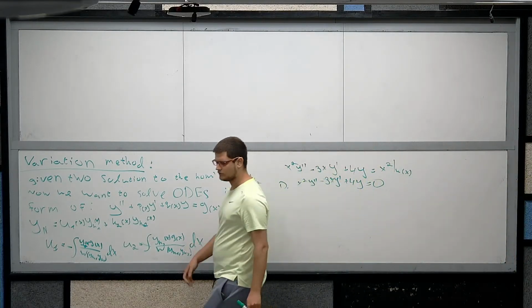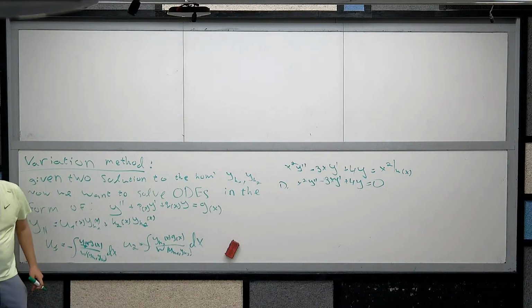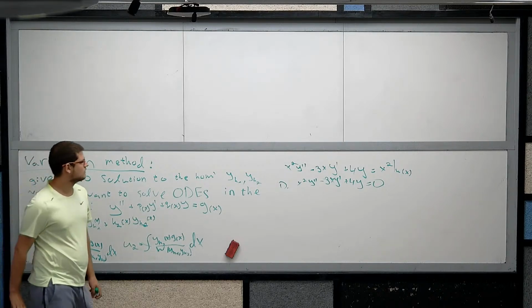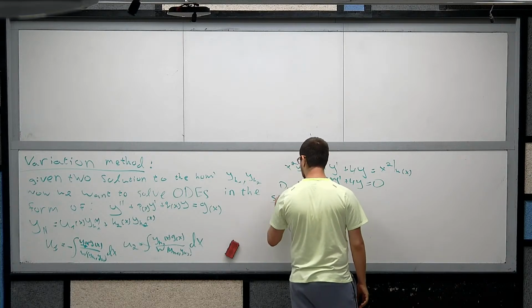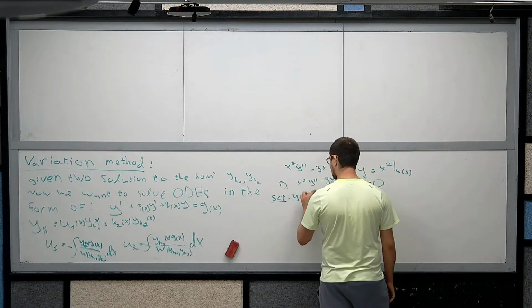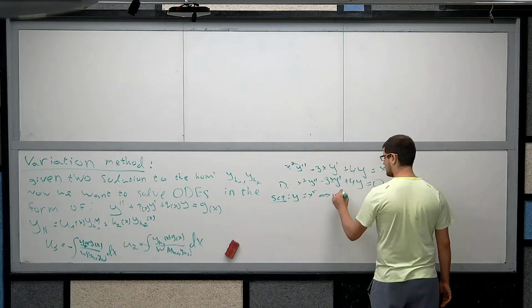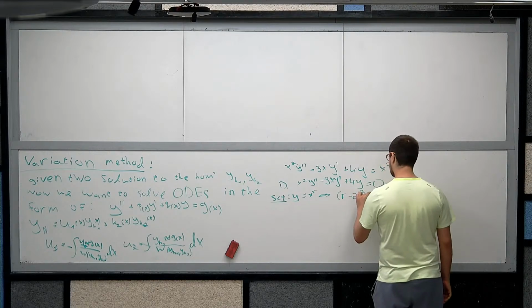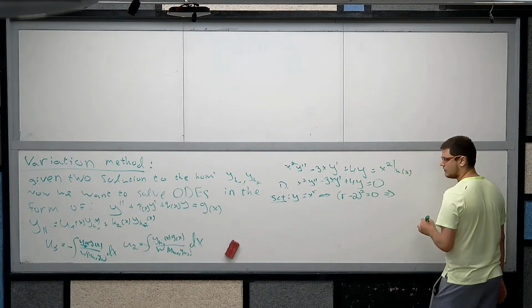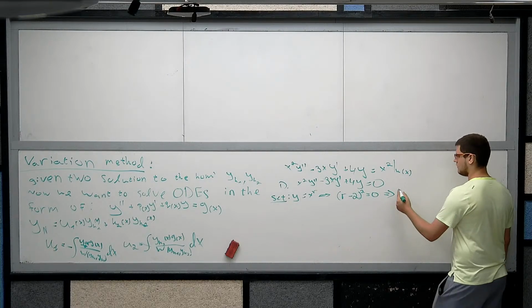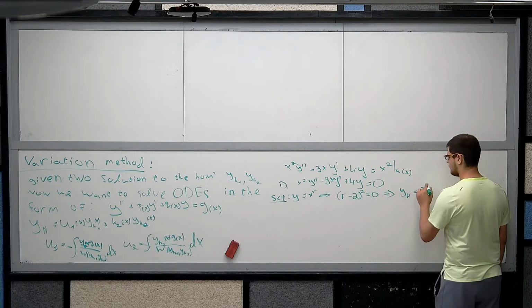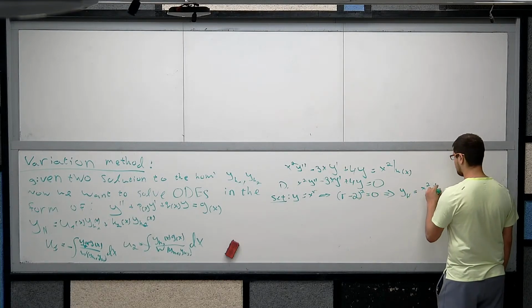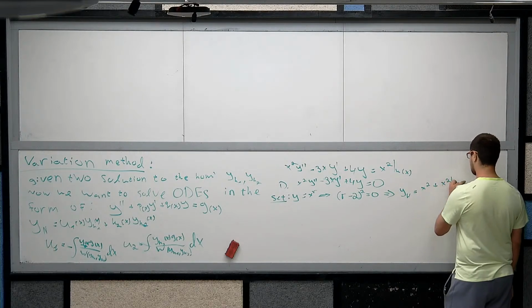We actually solved that equation, and we got the solution: you plug in and you set y in the form of x to the r, and from that you get the characteristic polynomial. Therefore, what is the general solution? x to the r, here it's x squared plus x squared ln x.